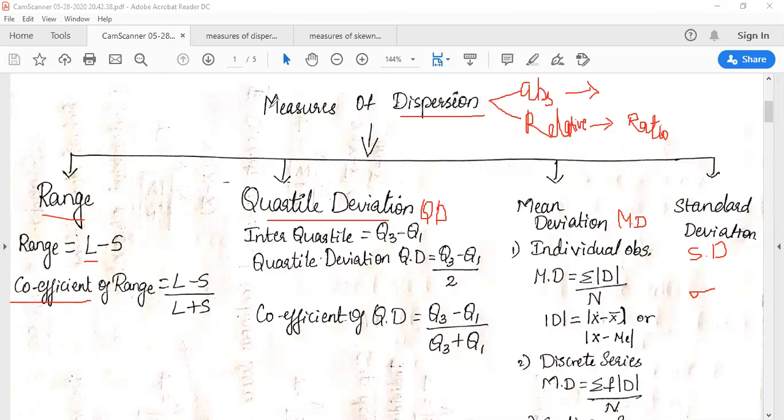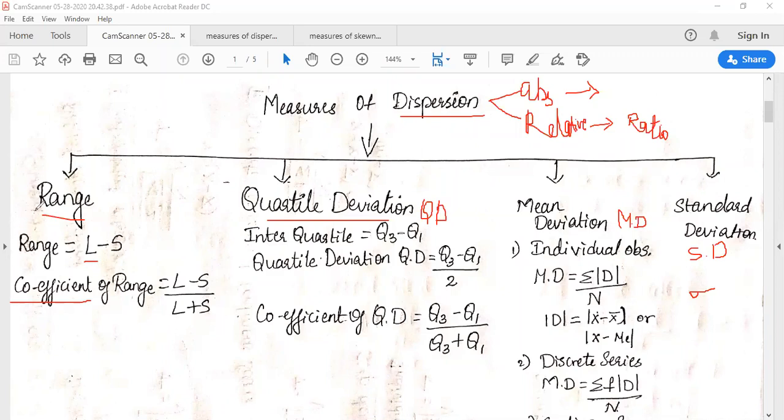So every measure of dispersion has a coefficient to be calculated. So for range, the largest number minus smallest number is range, and then the relative measure of range is coefficient of range, that is L minus S divided by L plus S.